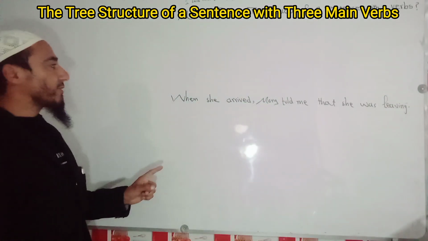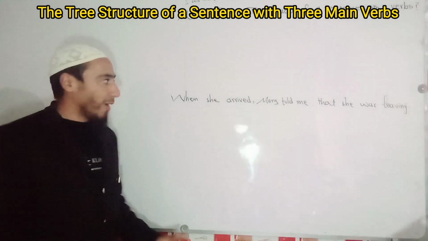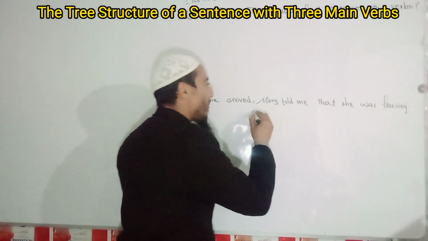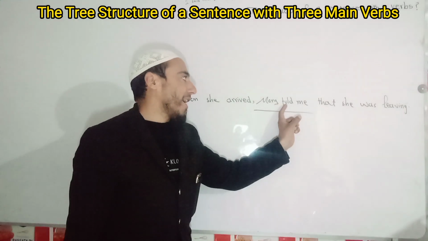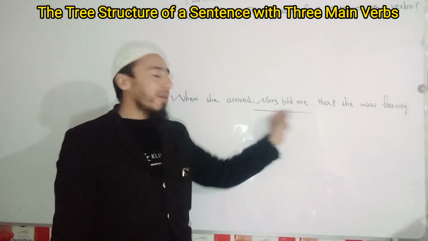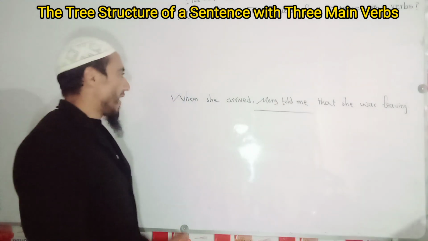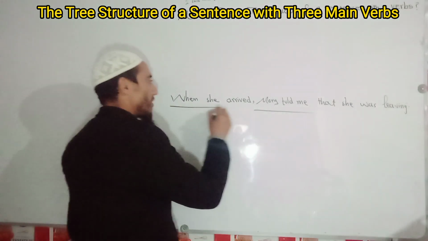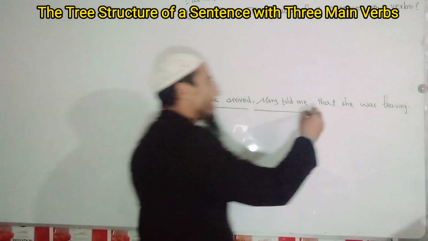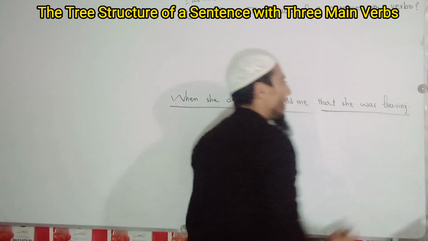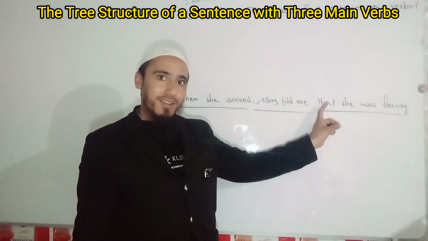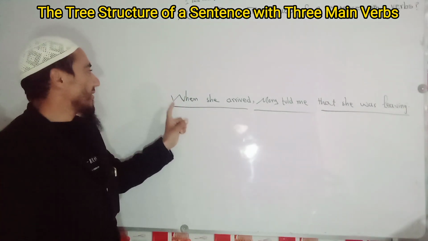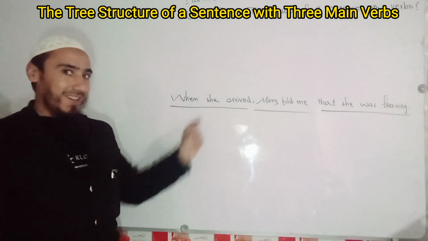Now, listeners and audience, first of all, I have to know about the root sentence. Here we have Mary told me. This is the root sentence, and here we have the main verb that is told. The rest of the two, when she arrived, is one subordinate clause, and that she was living is the other. Why? Because here it starts from that, and here it also starts from the question phrase.